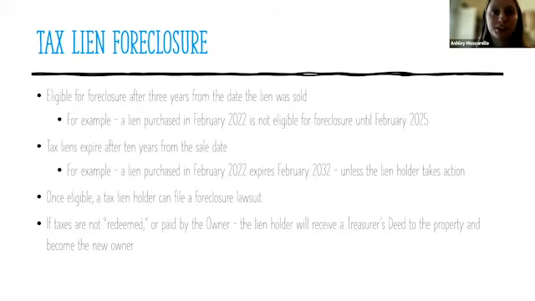I think it was a 30-day demand to respond. So they got from February 2012 to February 2022 plus 30 days to foreclose on their lien. But the lien holder has to take action. They can't just sit on it, and come in year 11 or 12 or 13 and say, here we are.